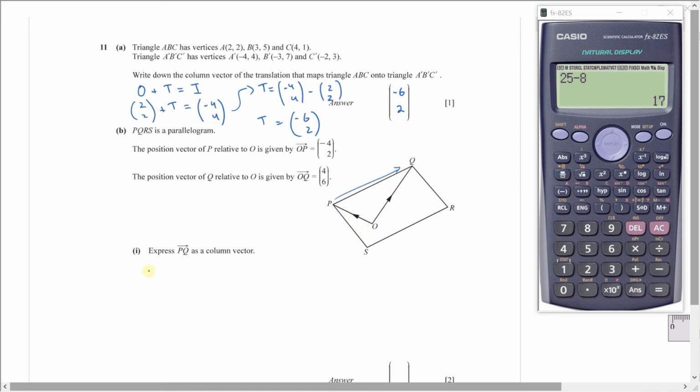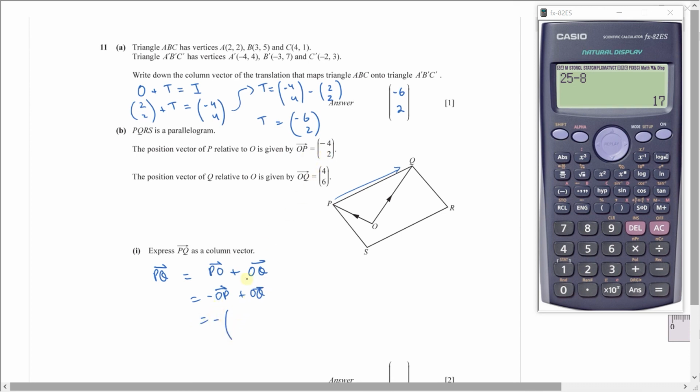I can find this vector PQ using the head to tail rule. I can add this vector, which is PO plus OQ. This will give me vector PQ. Now we are given OP, so PO will be negative OP, plus OQ. Now I will substitute the values.